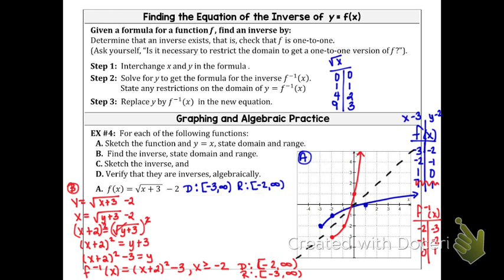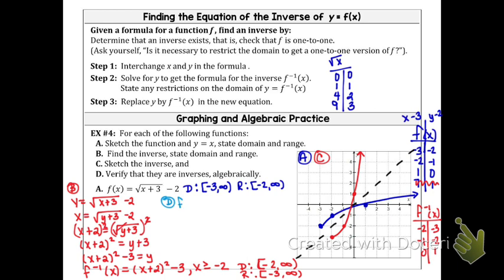And then, let's see, sketch the inverse. We did that. Verify that they're inverses algebraically. All right, so let's see. We just did C over here as well. And so D, I'm going to put in this little blank area right here. Find that the inverse is algebraically.